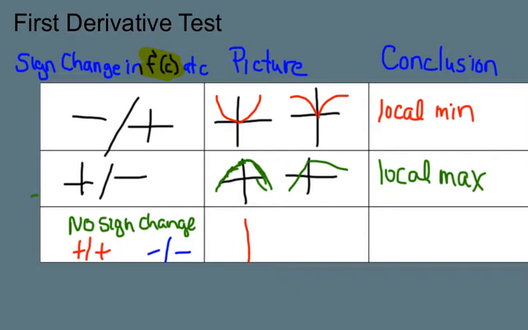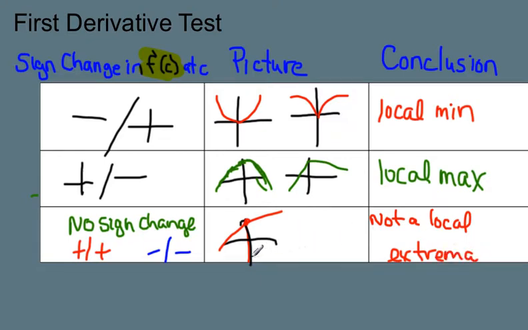Here's my coordinate plane, and it'd be something that came up, so it's coming up, but then it just keeps going up. Here's my critical point right here. It goes positive to positive, and it keeps going up. This is not a local extrema.